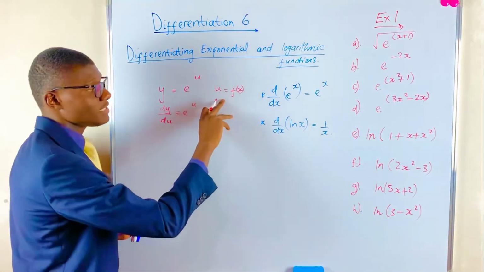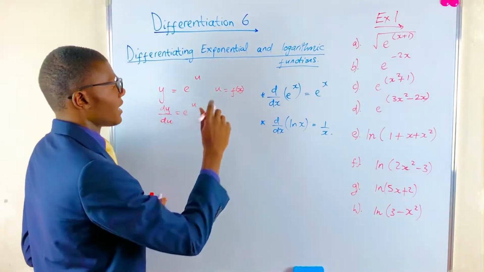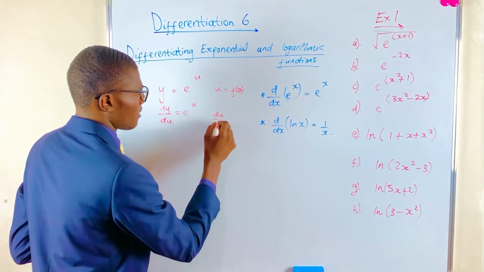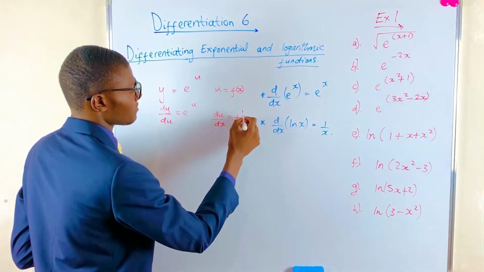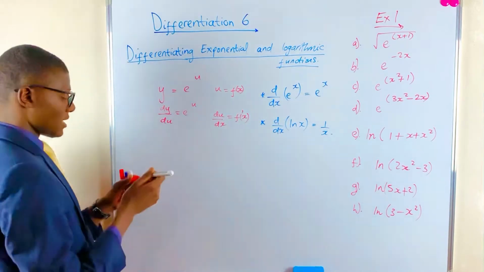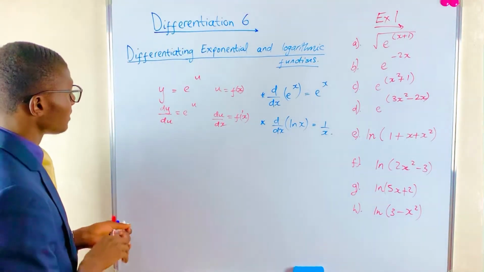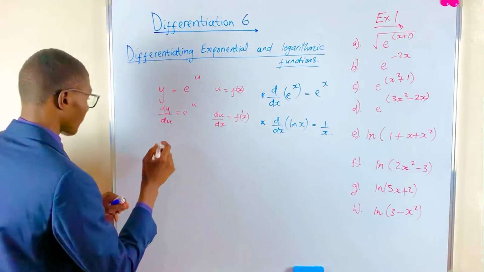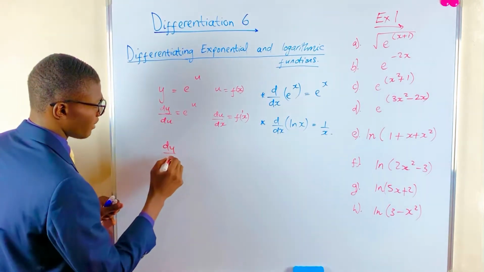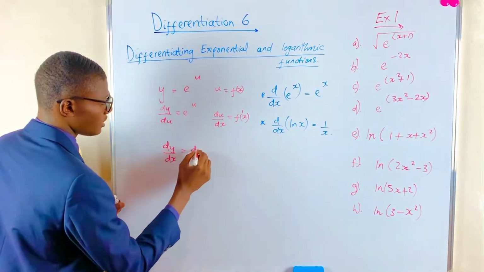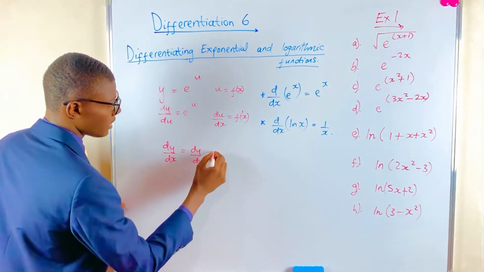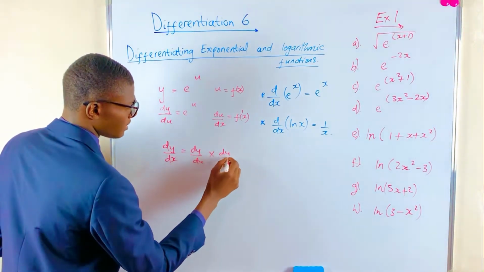Then we find du by dx, which will give us f prime x, such that dy by dx would be equal to dy by du times du by dx.